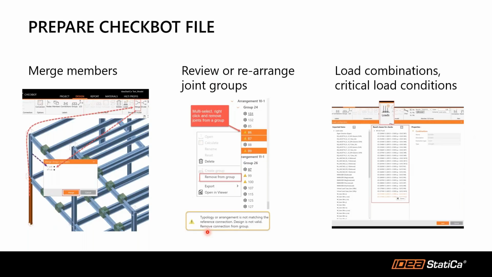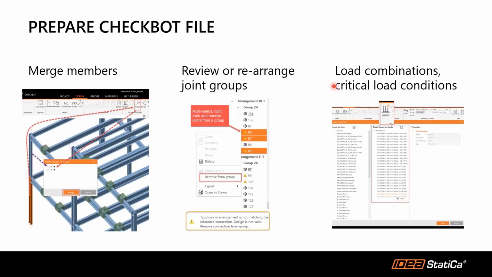It says topology or arrangement is not matching the reference connection. So you have the option to multi-select the connections that are not the same now in that group, and then create a new group. Again, why will we do this? Because you changed the geometry of the joint, okay? Instead of these two members being separated, now they are continuous.